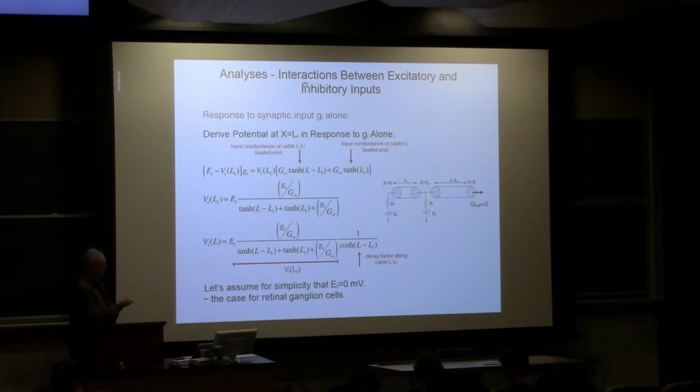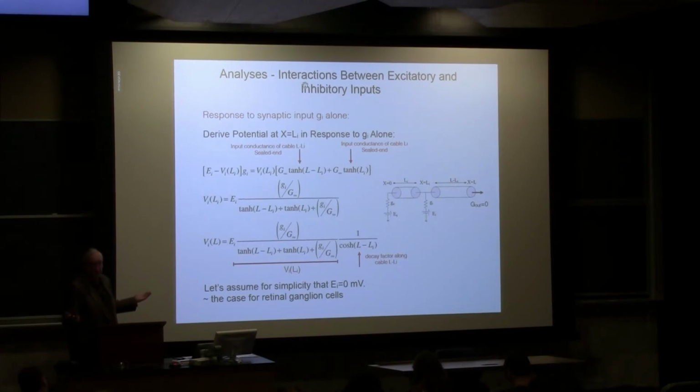Because we know from the formulas that you've seen before what the input conductance of this branch is and what the input conductance of this branch is. Therefore, we've got the input conductance to this cable structure looking out of that node. And therefore, with this current and that input conductance, we can compute voltage at that node. And then we can compute how that voltage declines along this cable to where the soma is located. So that's for an arbitrary inhibitory reversal potential.